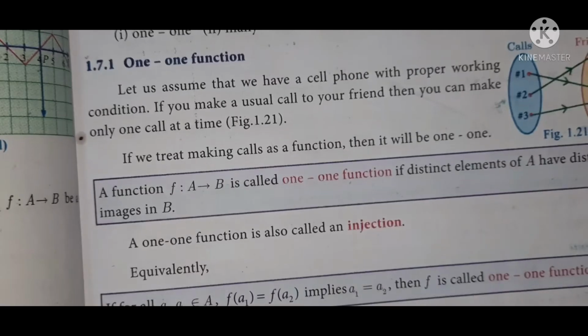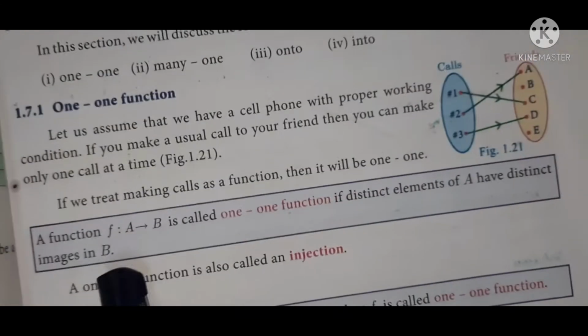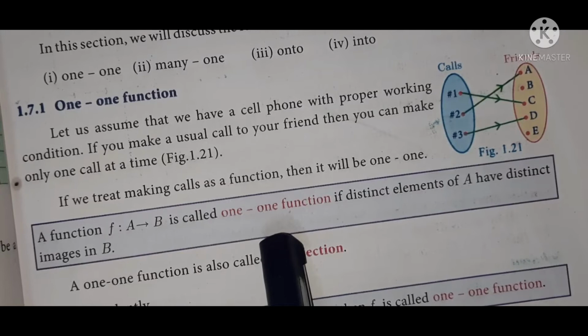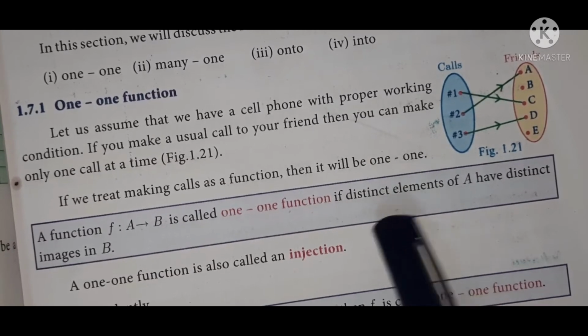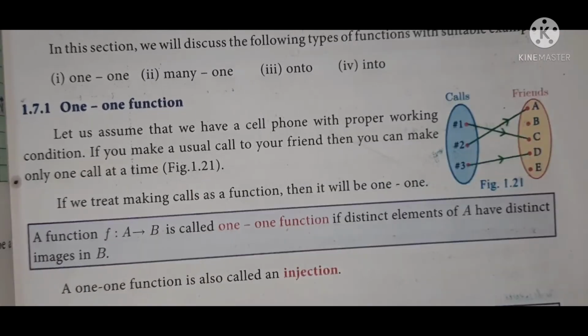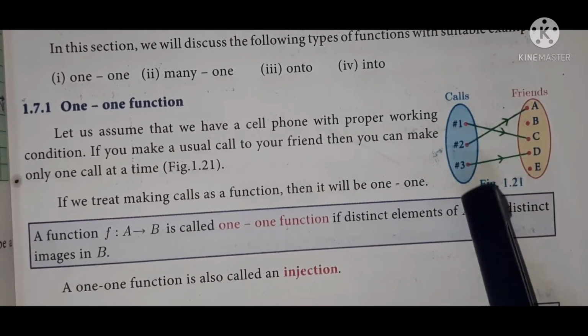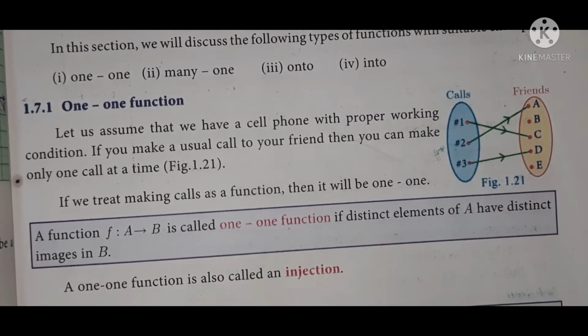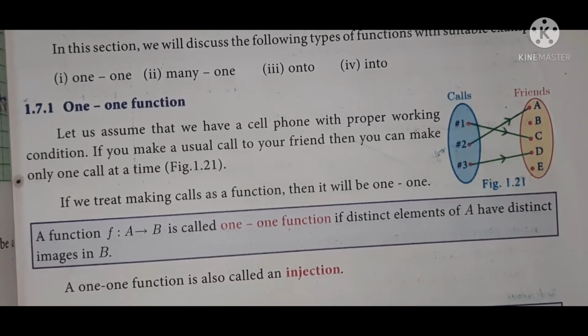One-to-one function. A function f from A to B is called a one-to-one function if distinct elements of A have distinct images in B. See the arrow diagram. Here, a relation between two sets is given. In the first set, all the elements have an image in the second set.